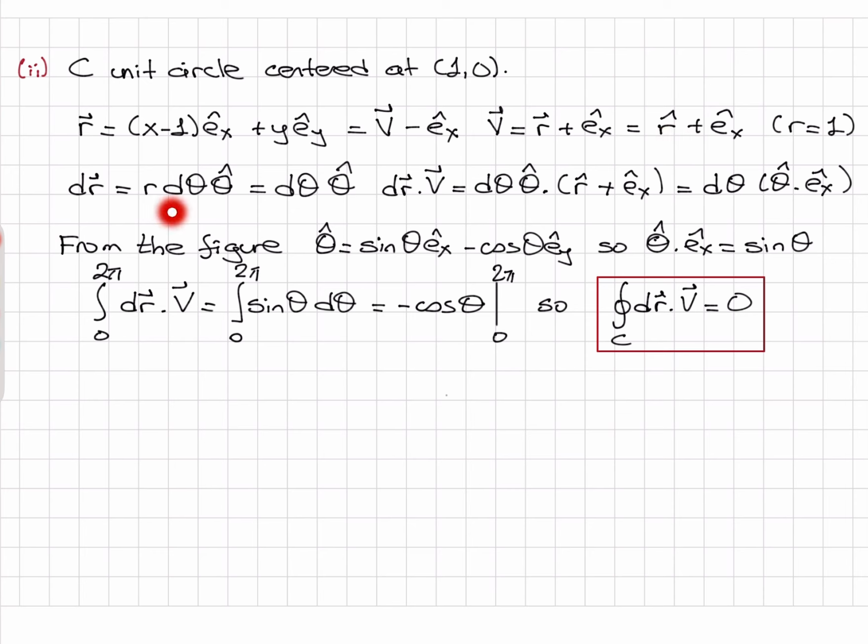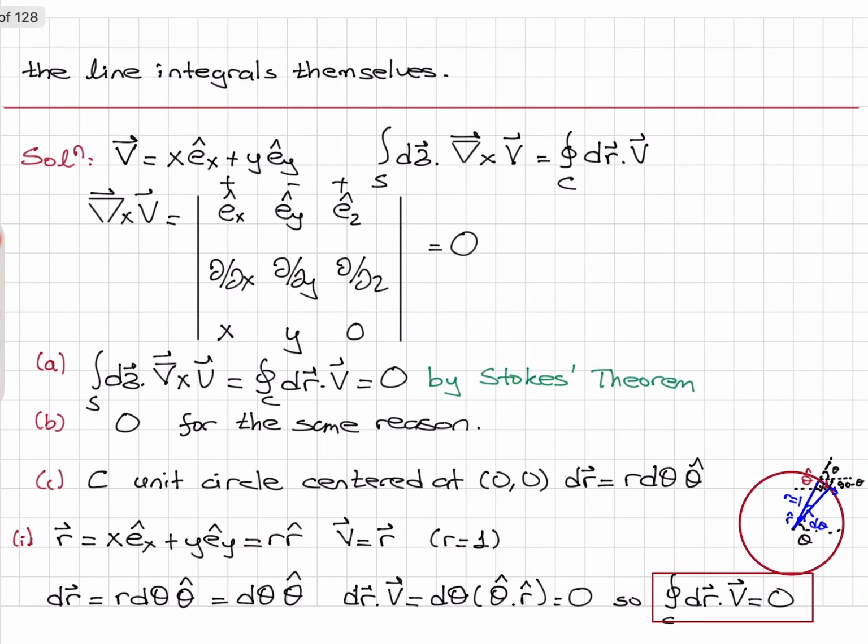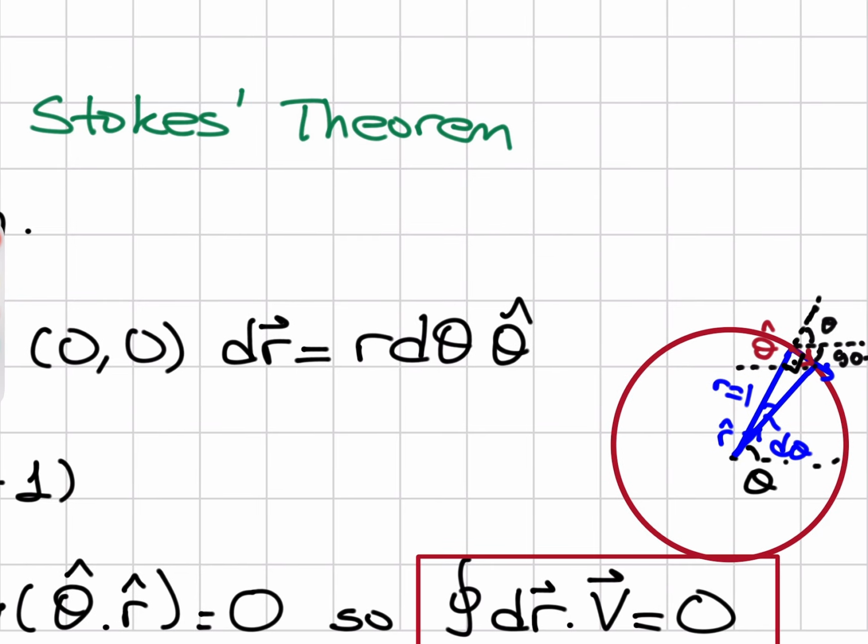And our dr vector is r d theta theta hat, which is d theta theta hat, because r is 1 on the unit circle. So dr dot v gives us d theta theta hat dot product with r hat plus ex hat. Theta hat dot r hat is 0. Theta hat dot ex hat is the x component of theta hat. The x component of theta hat can be found from this geometry here.